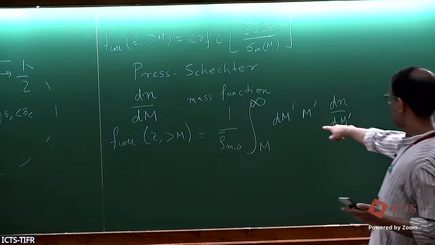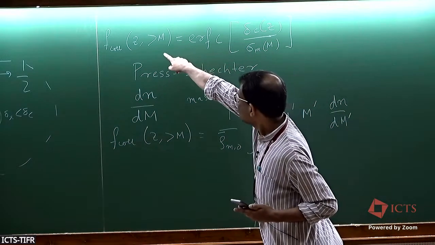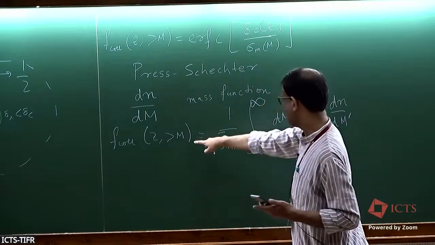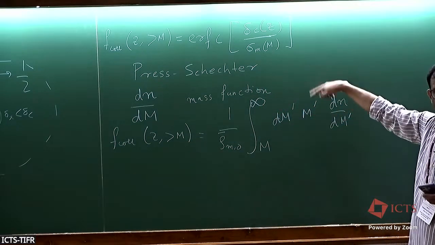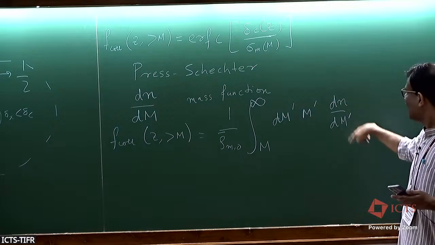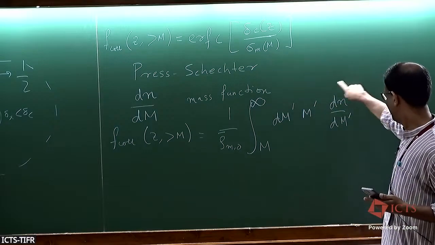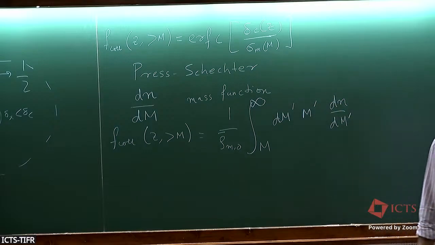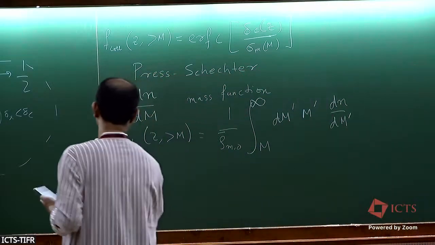Now I have one expression for F collapse here, another expression for F collapse here. So you have to do some manipulation, and this will immediately give you the form for dn/dm. I'm not doing this, but I will write the final form directly.